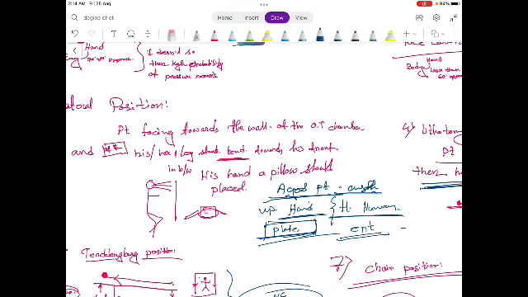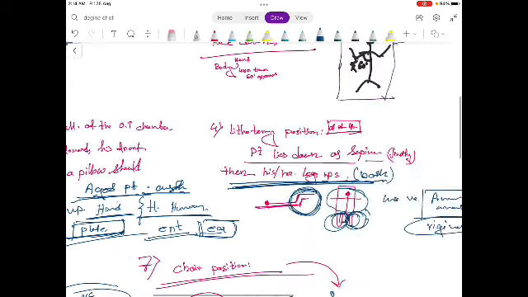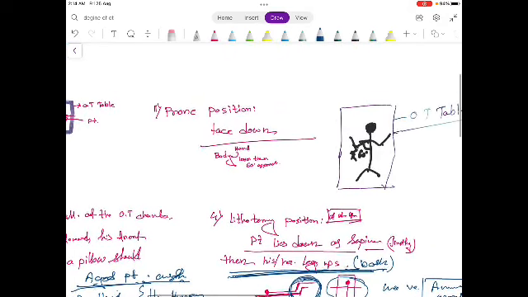It is also used for ENT, that is for various types of ear operation. The patient should be positioned like this.